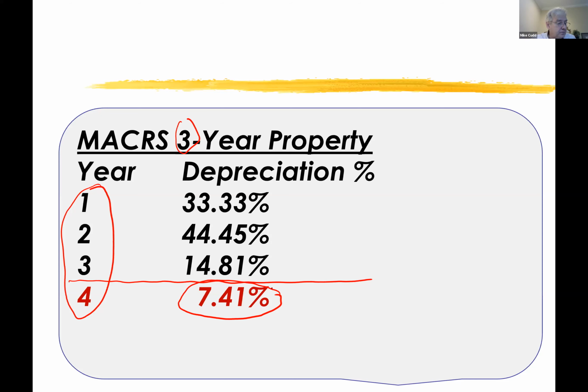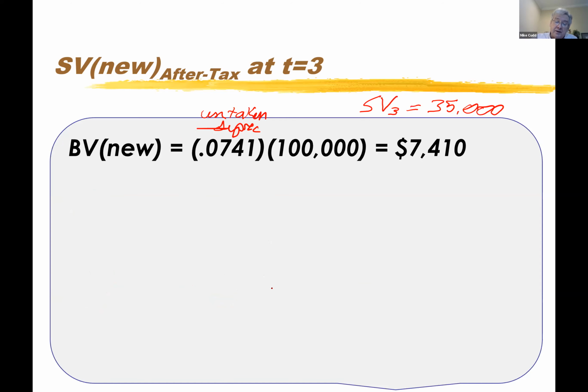So if we go back to that slide, we could find book value, and this is actually at the new equipment. This is book value in year 3. It would be untaken depreciation, which is 7.41% of the original cost, or 7410.